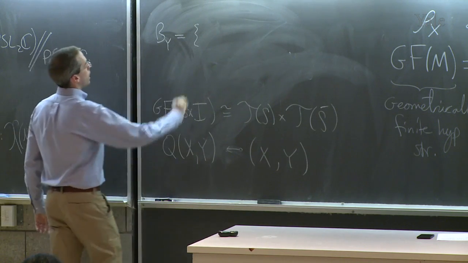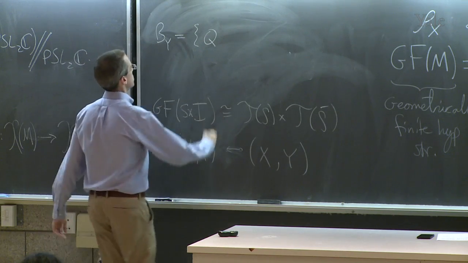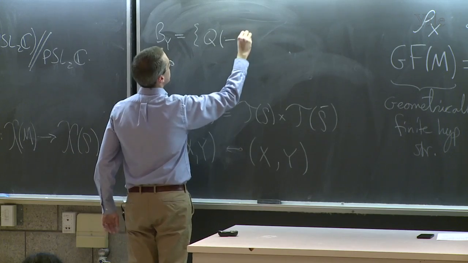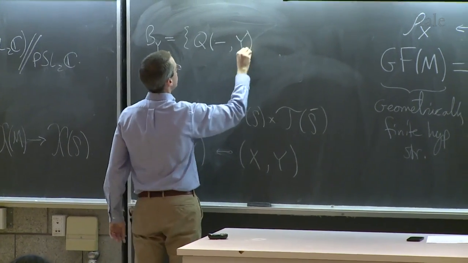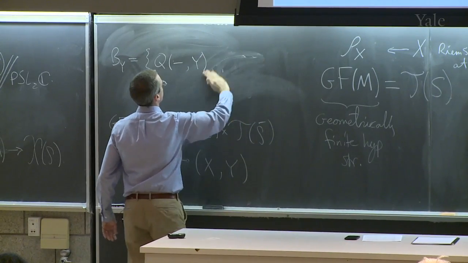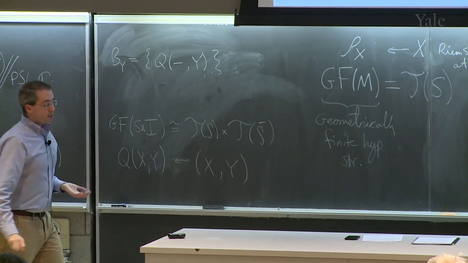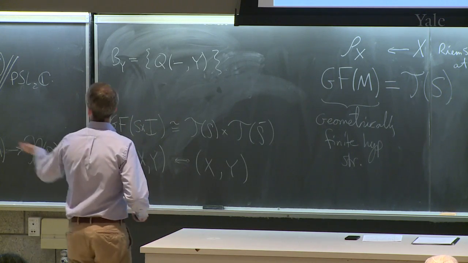So the bare slice of y, here y is a point in the Teichmueller space with the opposite orientation, is the set of all quasi-Fuchsian groups of the form Q of something and y for fixed y. Okay, so that's the horizontal line in this graph picture.